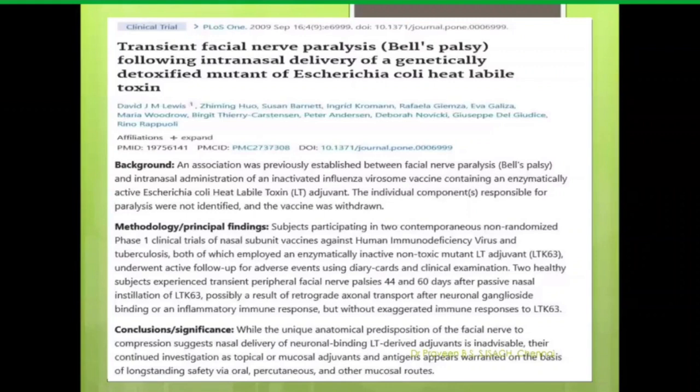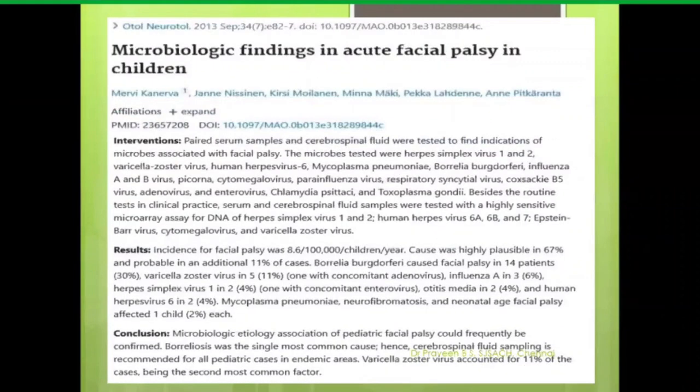That shows that once the nasal microbiome is changed, there is a chance of presentation of neurological signs and symptoms. So this is very much evident from this article.